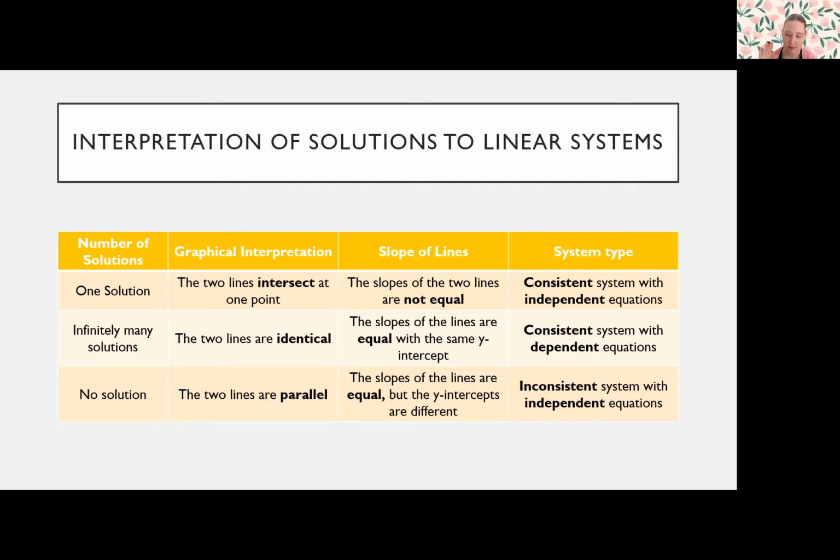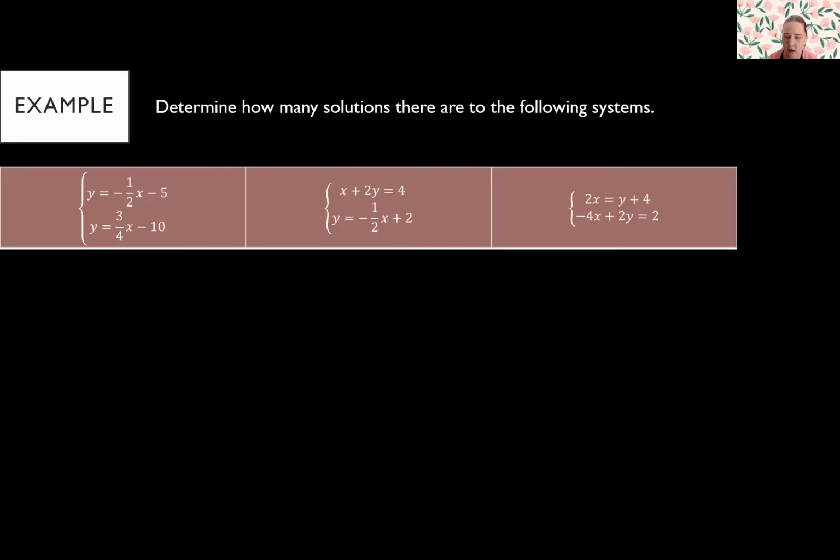So we're basically going to be determining how many solutions something has based off of what the equations look like. And then I'm going to bring up Desmos to verify that. So we're going to look at the one on the left here. I've got two equations. These are in slope-intercept form. So y equals -1/2 x minus 5.